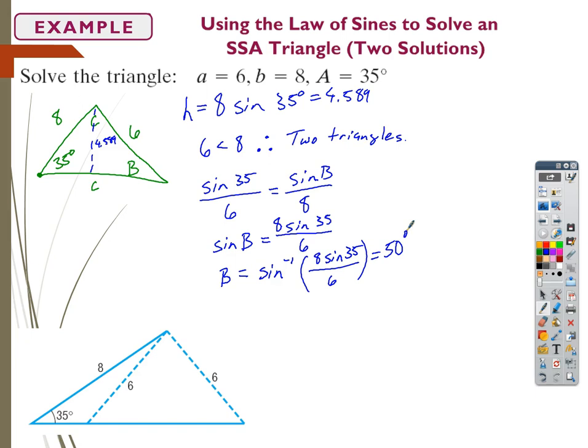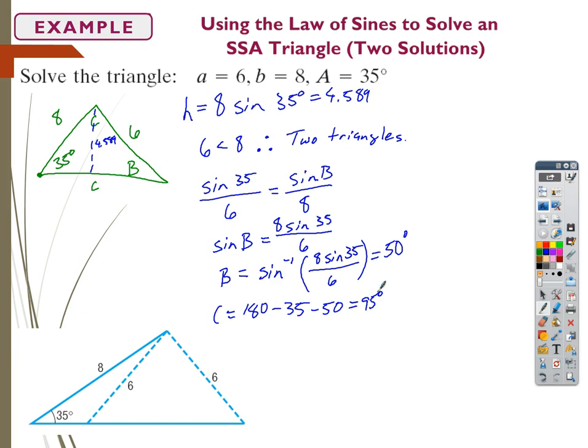And then from there, I can go ahead and find out what big C is, right? Because I have 35. And so C is equal to 180 minus the 35 minus that 50 I just got, which is then going to be equal to 95 degrees.